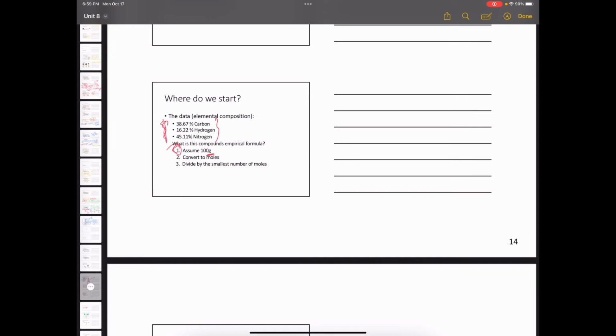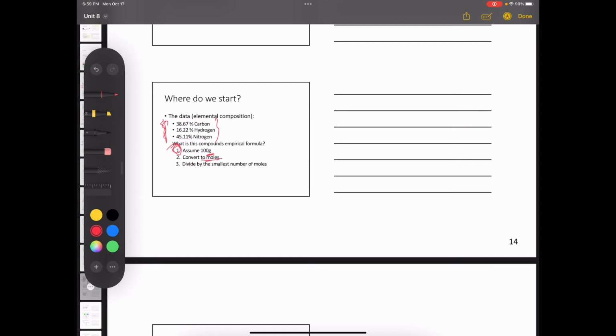So once you convert that into grams, the next thing you'll have to do is convert that into moles. First, I converted the percentages into grams. Now I need to convert the grams into moles. Well, how do I do this? The periodic table.